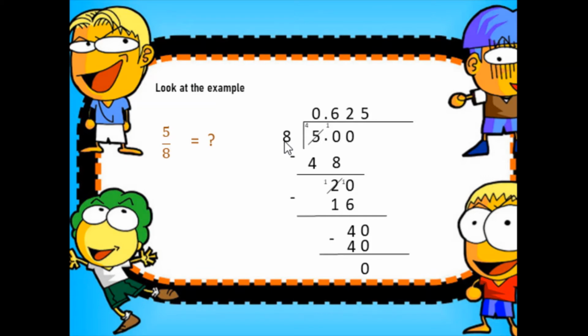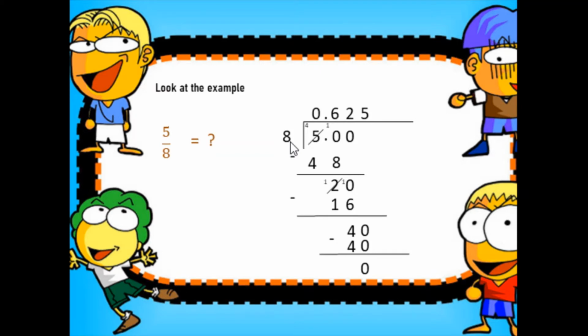So we have here 5 divided by 8. Just follow the arrow on your screen. Next, after dividing it, we look if it's possible to divide. Is 5 divisible by 8? Yes or no?